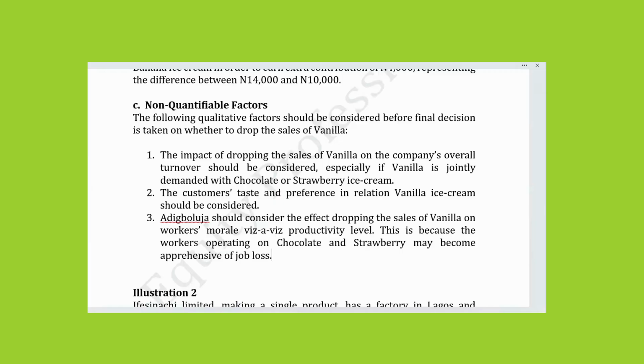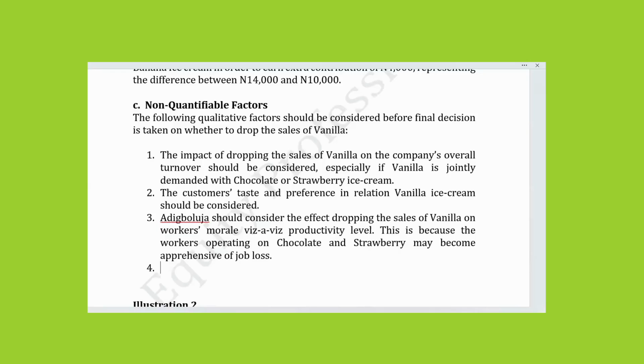What will be the impact on me too? So one day the company can come up to me and say, okay, you two should go because they are no more selling chocolate. So they will become apprehensive. During that moment, of course, there will be low productivity. All right. So that is what we are trying to say here. Let's add one more. Yes, Valentina, talk to me.